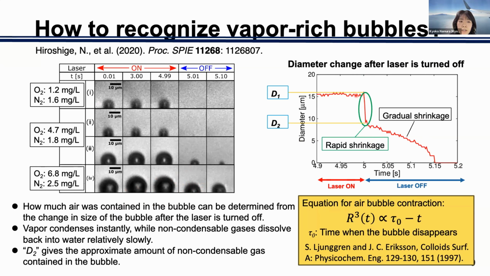This can be understood as the vapor condensing instantly, but the non-condensable gases dissolving back into the water relatively slowly. So by looking at this D2, you can guess how much air is contained in this bubble.